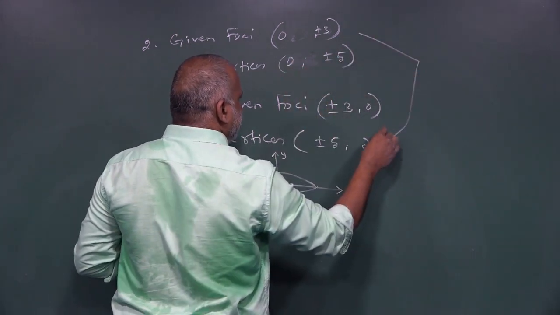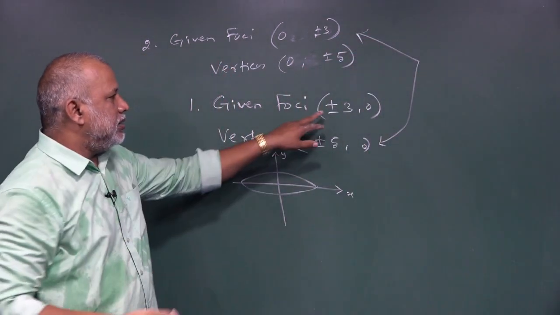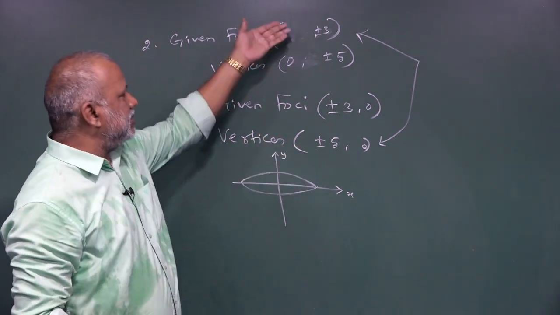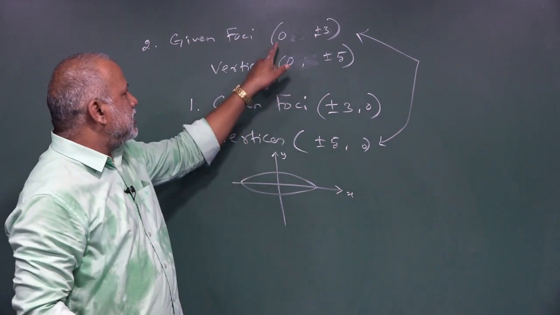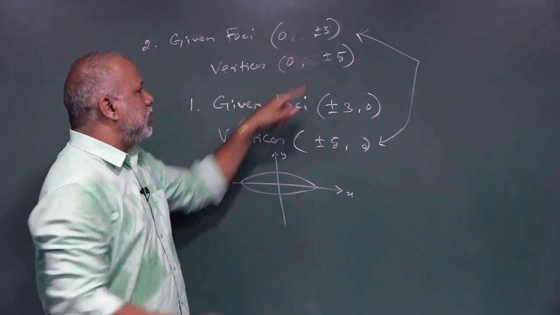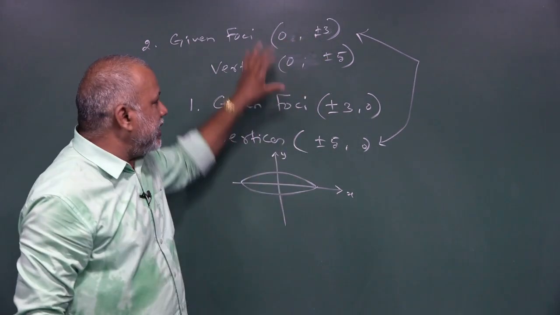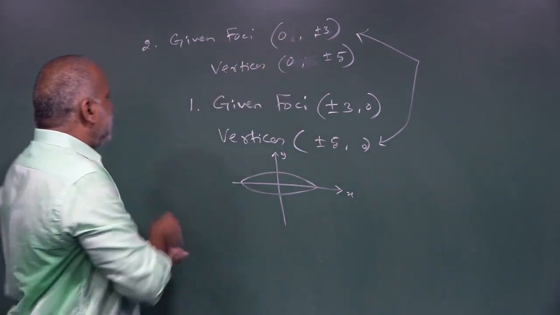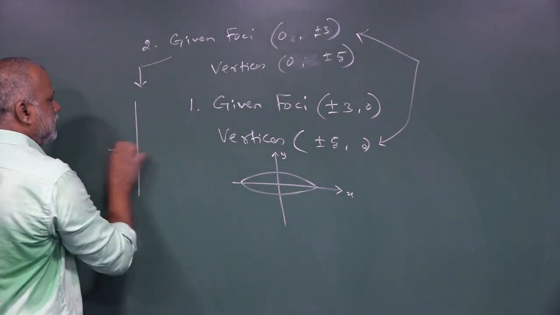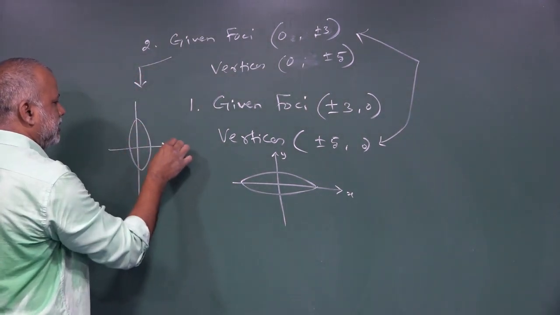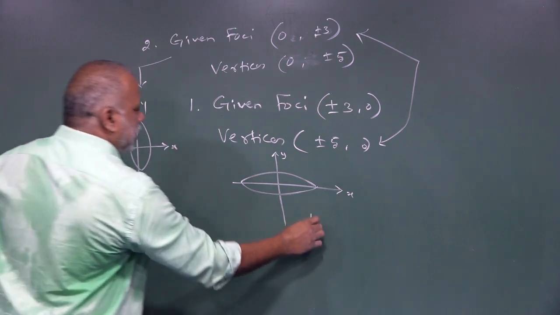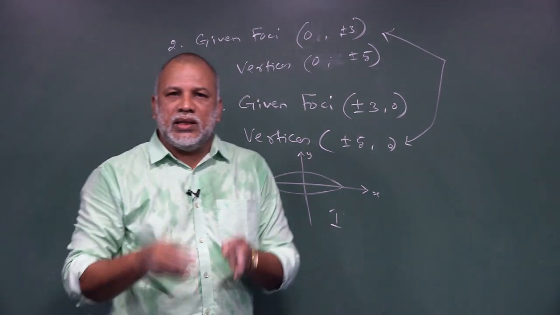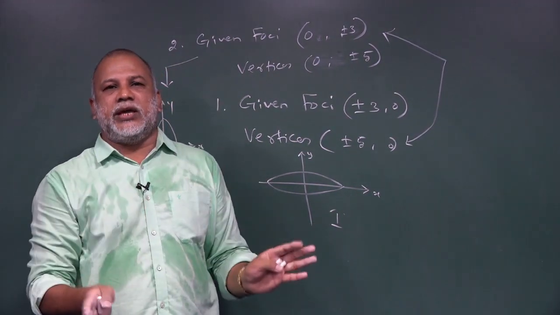Just an example. What is the difference between these two sets of data? Here, the foci and vertices lie on the x-axis. With the same numbers, in this other model, 0, plus or minus 3 and 0, plus or minus 5, the vertices and the foci lie on the y-axis. Therefore, it is type number 2. Draw a diagram like this. So this is type number 1, this is type number 2. By the given data, we are able to justify which type the given ellipse belongs to.